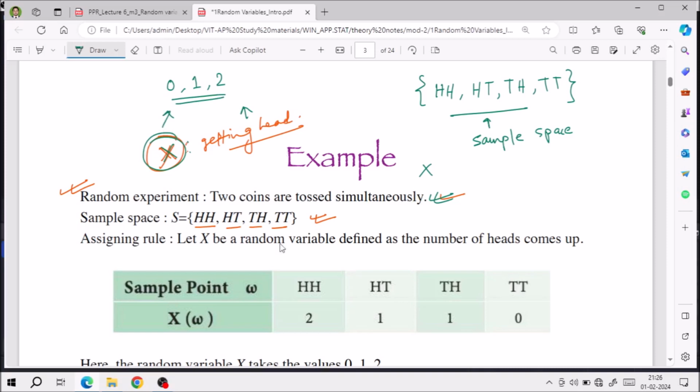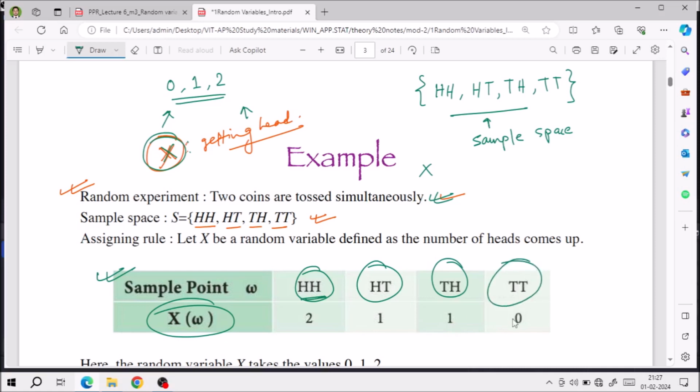Now see, what are the sample space points we have? Head-head, head-tail, tail-head, tail-tail. If we consider X of omega, here we have two heads, so you can assign 2 to this particular outcome. You can assign 1 to this outcome, because here head appears only once. Here also head appears only once, so you can assign 1.